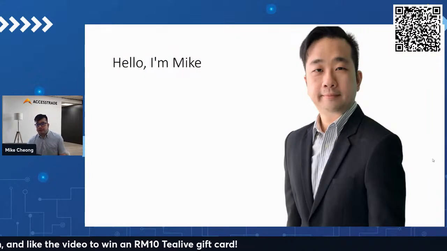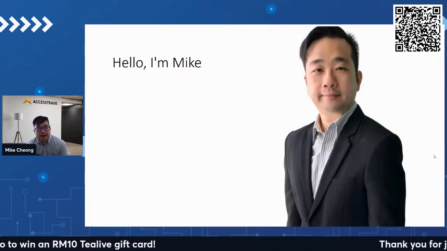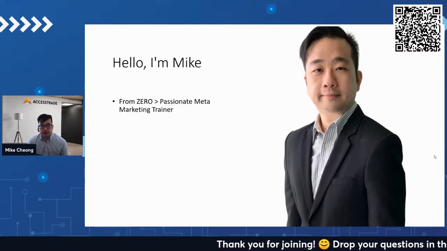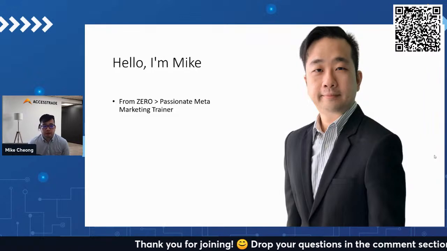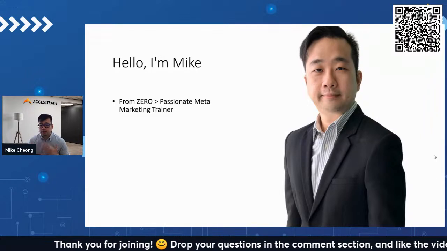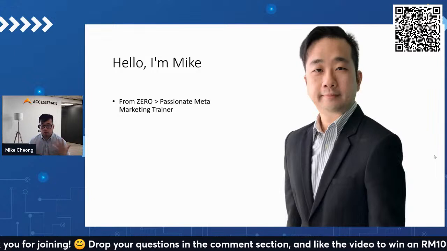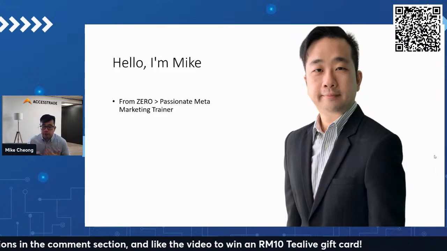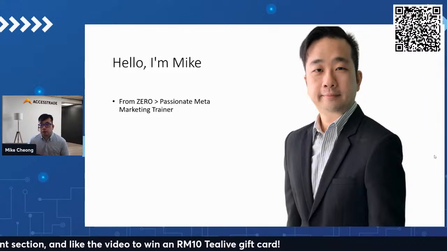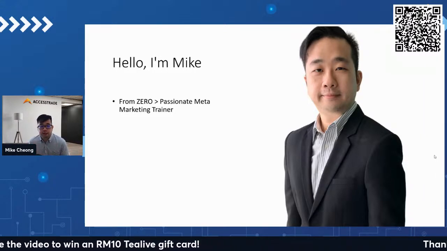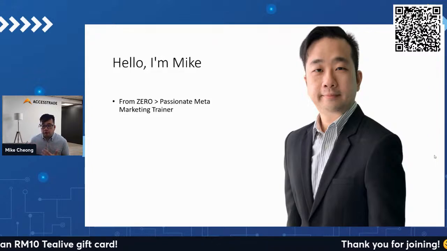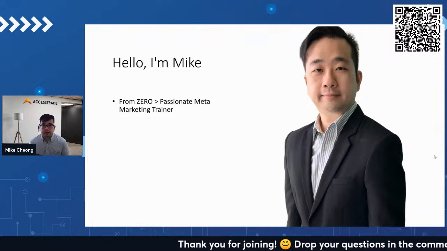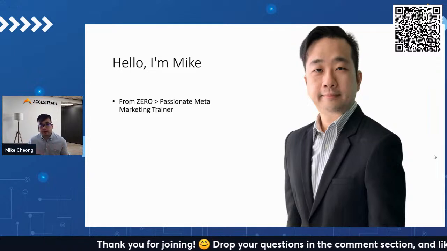Let me just shortly introduce myself again. My name is Mike. I started off from zero. I didn't really know about digital marketing or how marketing works, all this lingo. But I slowly picked myself up because I needed to promote my organization, until I discovered the joy of marketing and how it helps and benefits others.